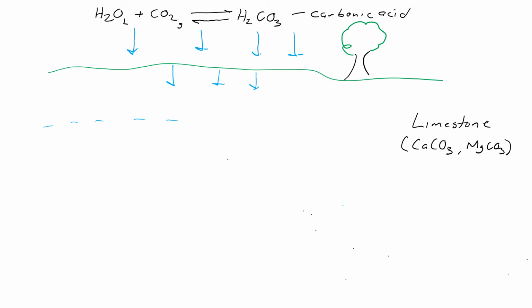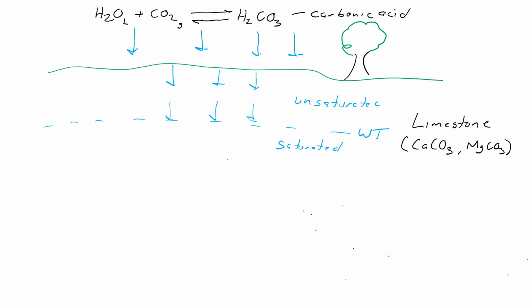And at some point, it'll go all the way down and join, perhaps, the saturated zone at the water table. So there's the saturated zone, here's the unsaturated zone, here's our water table, and we have some carbonic acid going down there. Well, one thing we know is that carbonic acid can dissolve limestone.